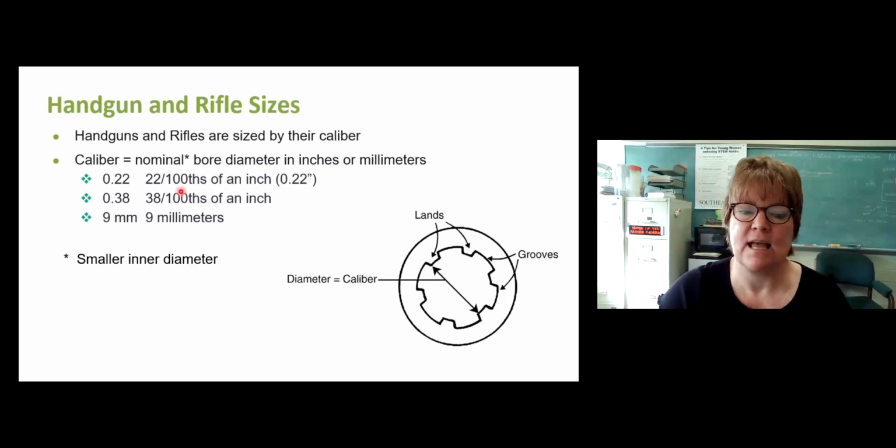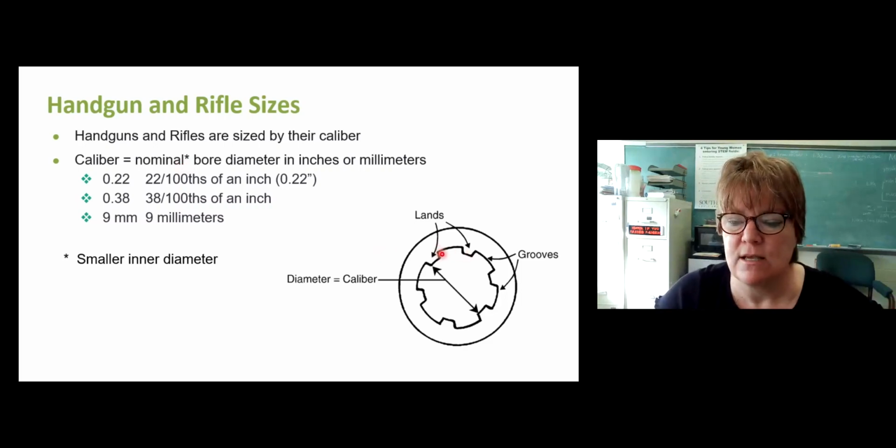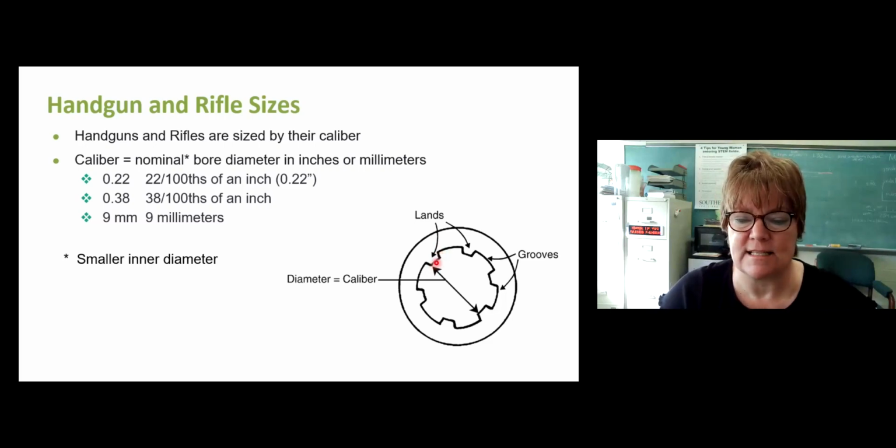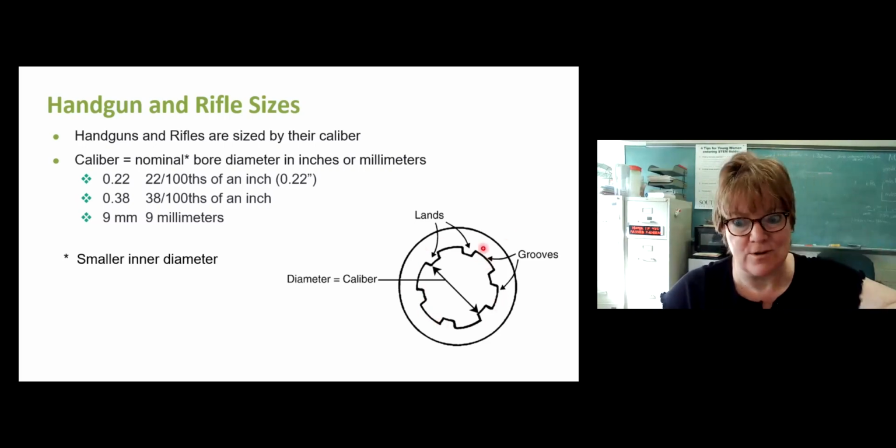And as you look at this, we're going to talk about this in more detail in the next section about impressions, the barrel of a rifle or a handgun has these lands and grooves, right? So some of it is this inner diameter on the high sides, which are called the lands, and some of it is this outer diameter, the outer of the two inner diameters.